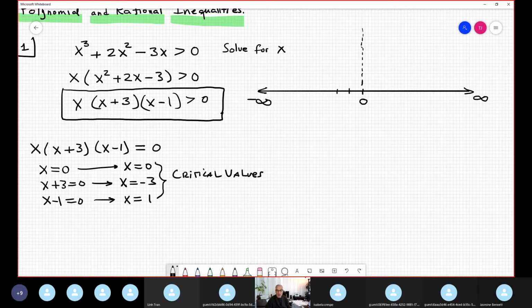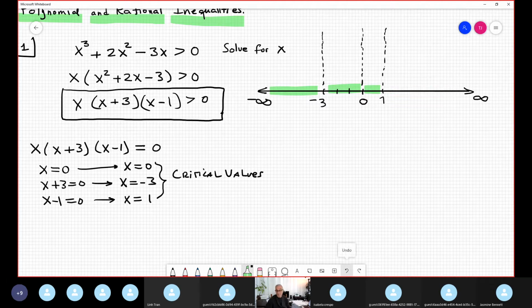Negative 1, negative 2, negative 3. Another partition, and positive 1, another partition. So basically, the critical value helps me to create 4 intervals. So this interval, this interval, this interval, and this interval. What will happen is if you have 3 partitions, we have 4 intervals.